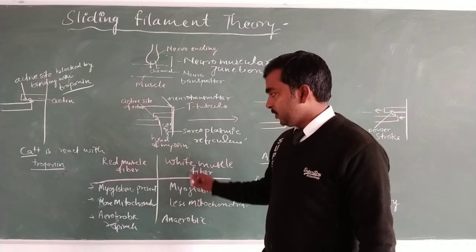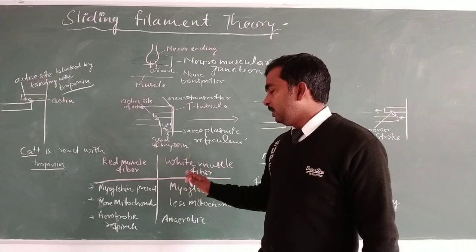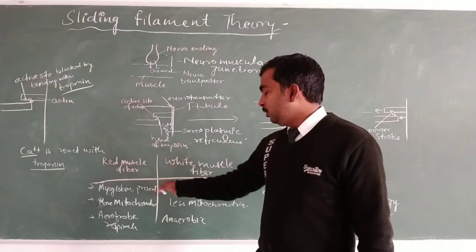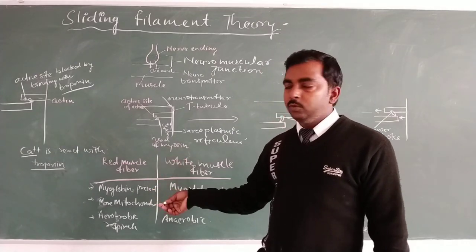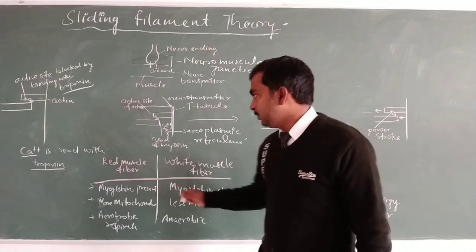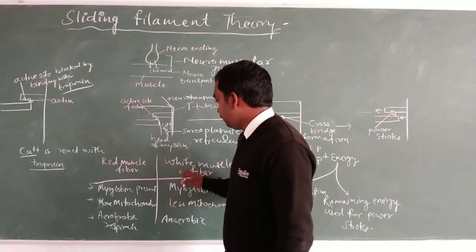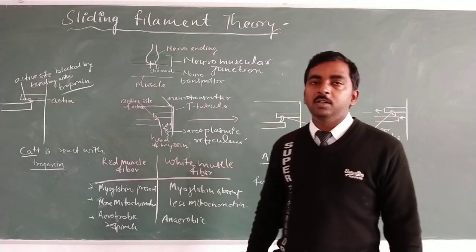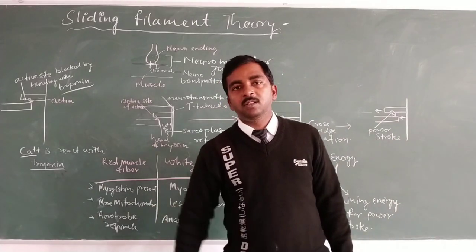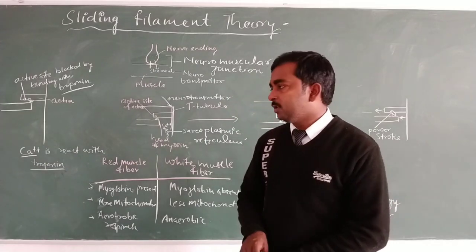So this type of muscle is only based on the myoglobin, which leads to its functional difference, as red muscle fiber is mostly responsible for aerobic respiration, while white muscle fiber is mostly responsible for anaerobic respiration in emergency situations.